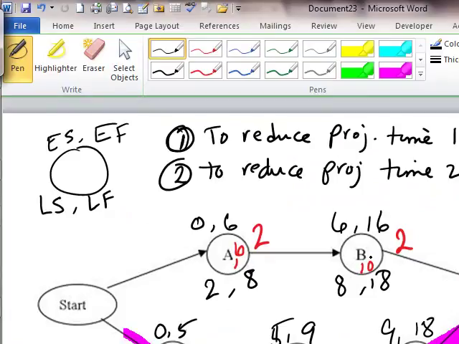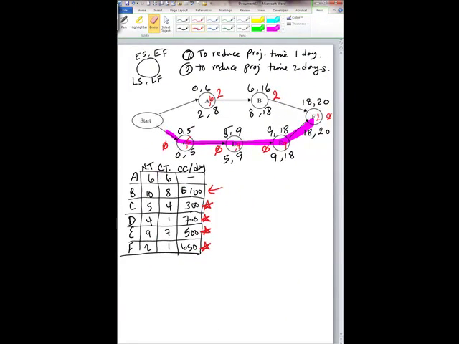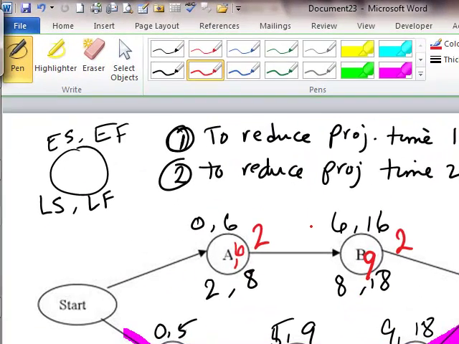But if I crash activity B right here, instead of 10, if I were to write here 9, meaning that I plan to crash it 1 day, then when I'm working at this point, 6 plus 9 is 15.